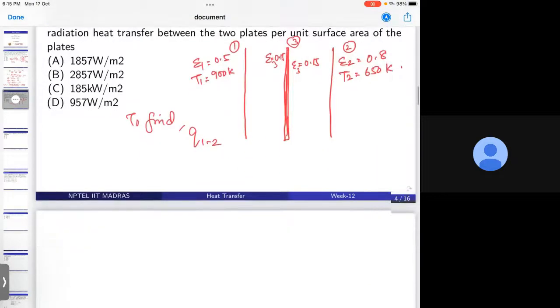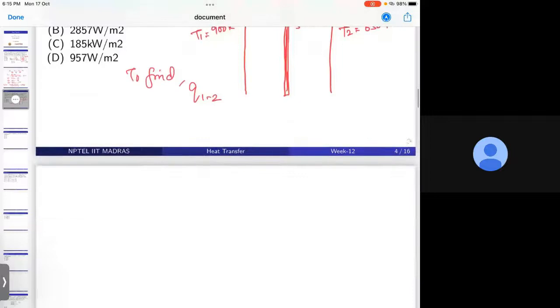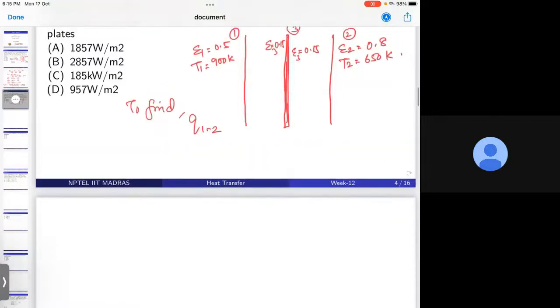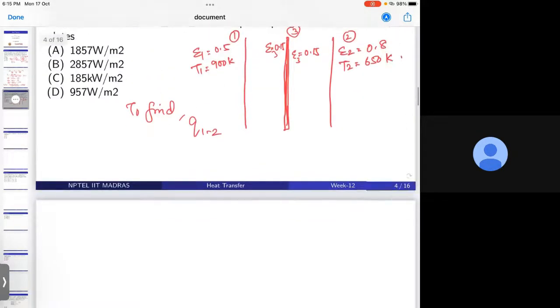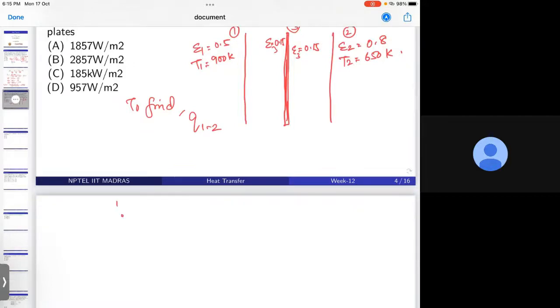Just we can draw the radiation network. J1.